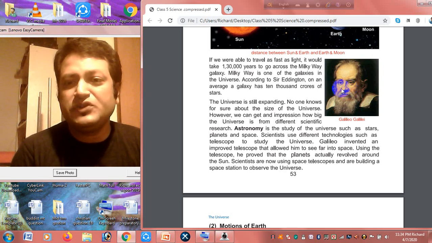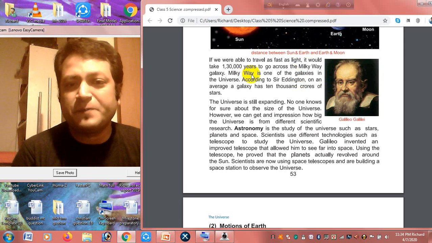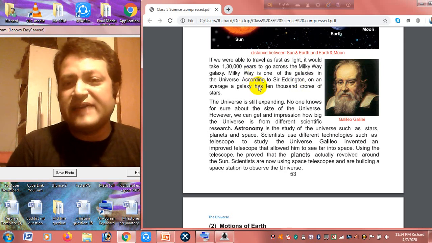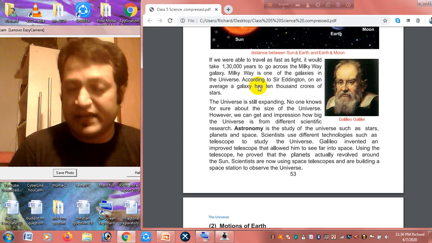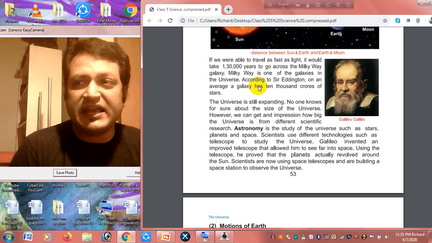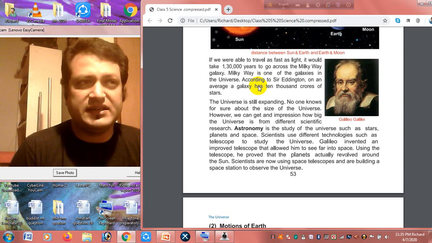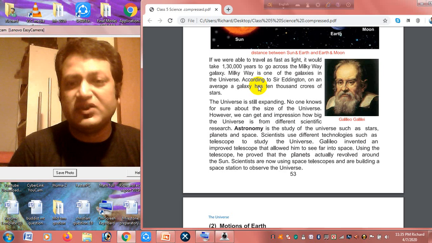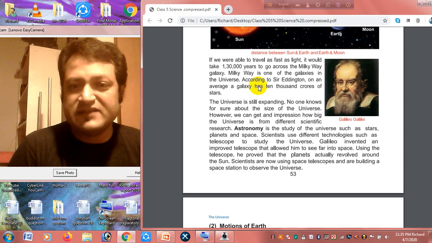If we read from here: if we were able to travel as light, it would take 1,30,000 years to cross the Milky Way galaxy. From this information, we can say how big the galaxy is. It is gigantic, enormous, super massive.